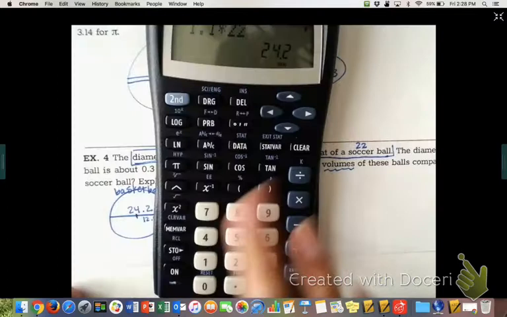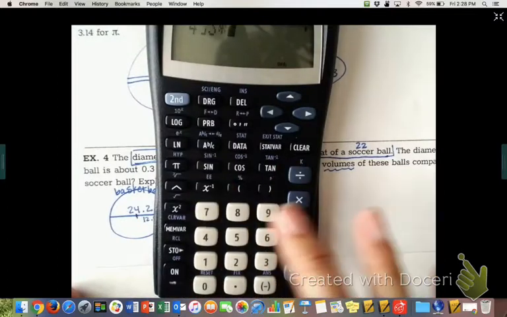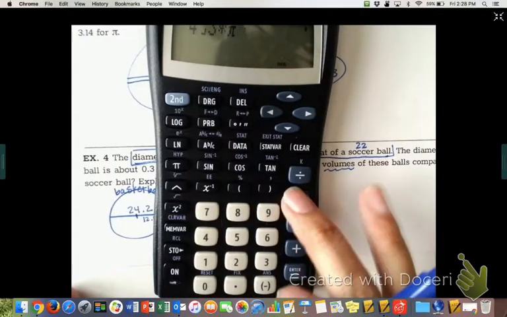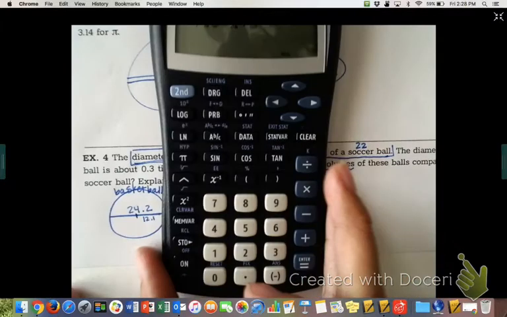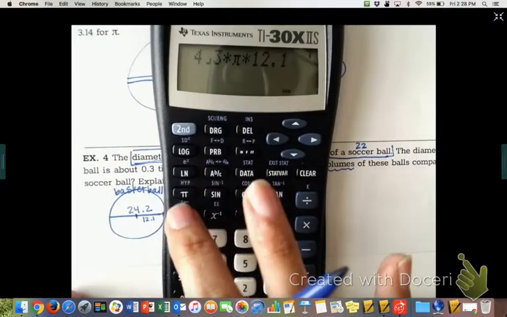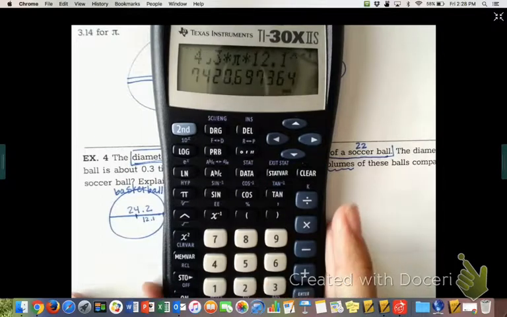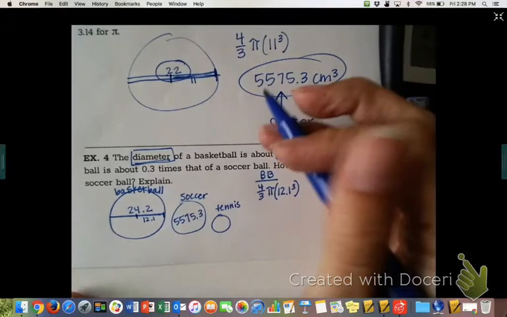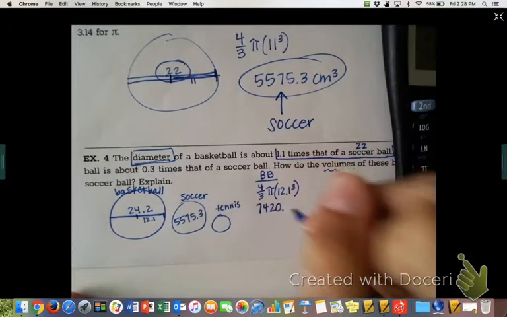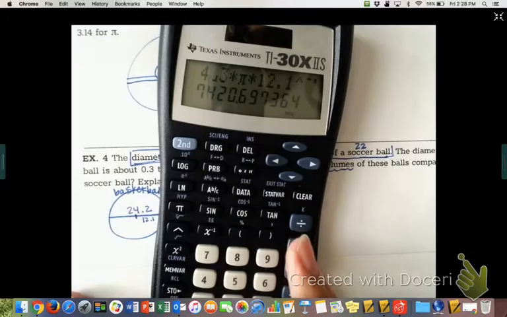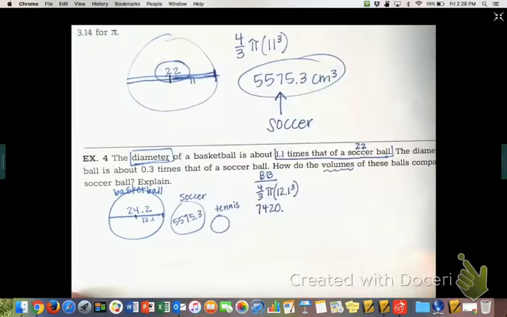So 4/3 times pi times 12.1 to the third power, which is 7,420.7. Let's round that up to 7.